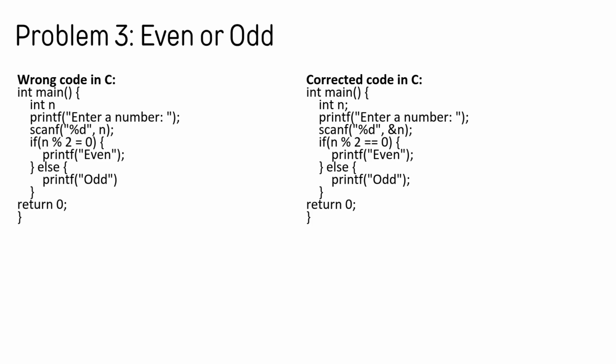You see that after correction it is double equal to 0. And in the else part we print odd without a semicolon, but we have to use the semicolon here also. So after correction, it looks like what is shown on the right side of the code.